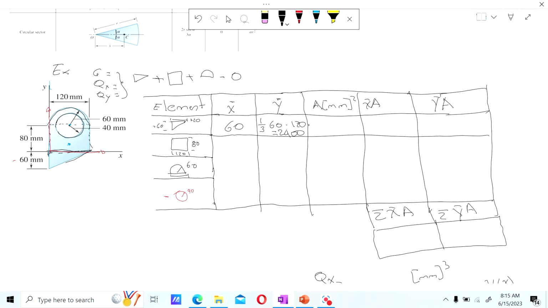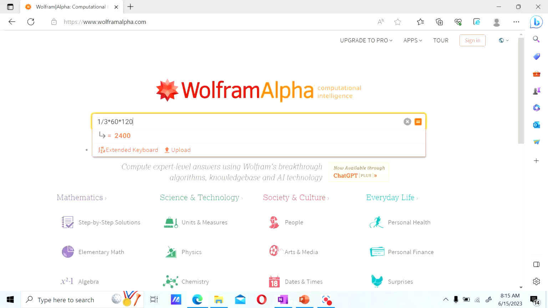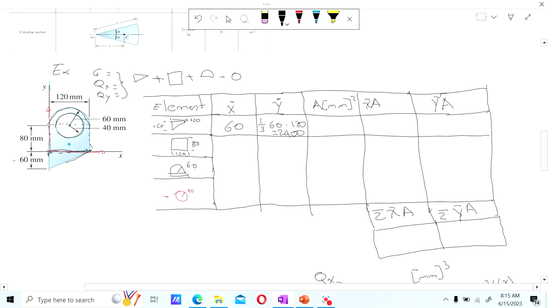Okay. The area, wait a second, what are we doing wrong? Is 60 times 100 divided by 3. 60, base is 60, height is 120.